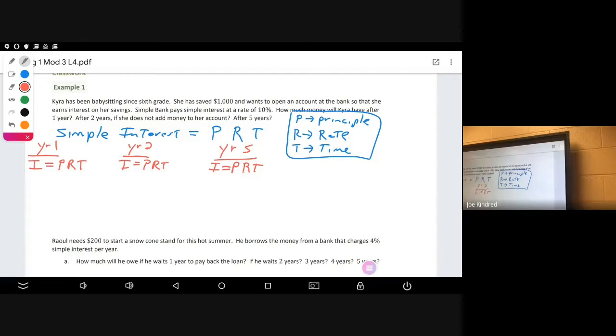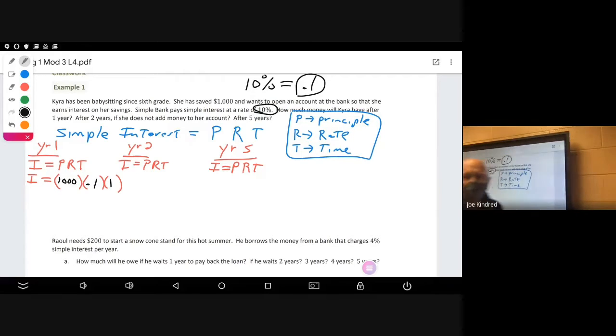And all I'm going to do, to determine the interest earned, is simply put in, for instance, in year number 1, the original principal was 1,000. The rate was 10%. And 10% as a decimal is equal to 0.1. And so that's what I'm going to put here. And then the year, well, the year is 1 year.